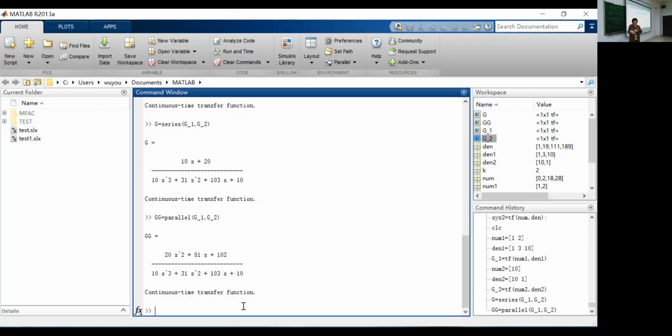So if you remember the formula to close the loop, G1 over 1 plus G1 times G2, right? This is the formula to close the loop. And how to let Matlab do this for you?